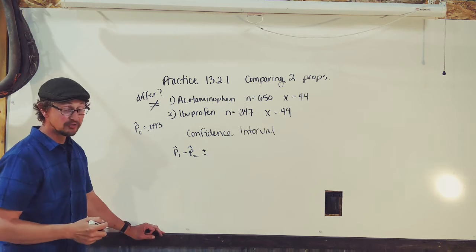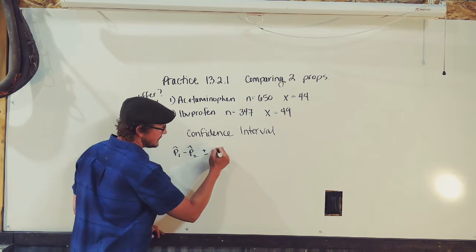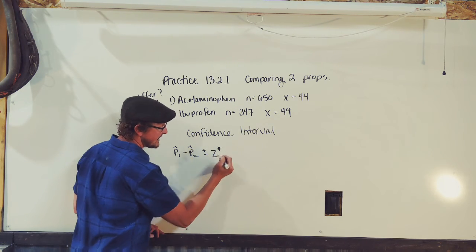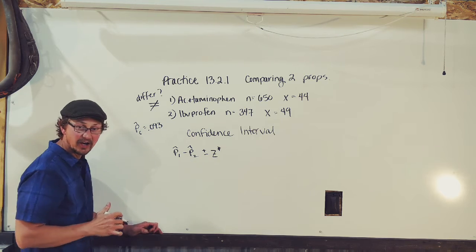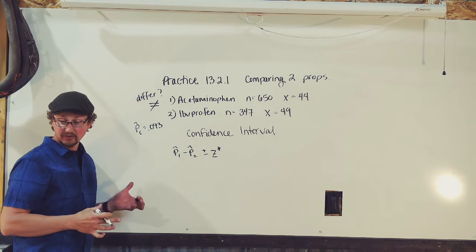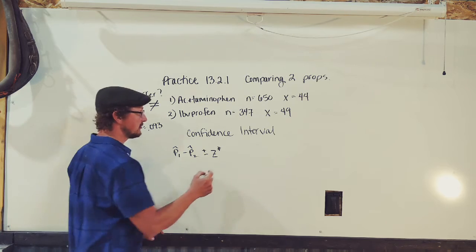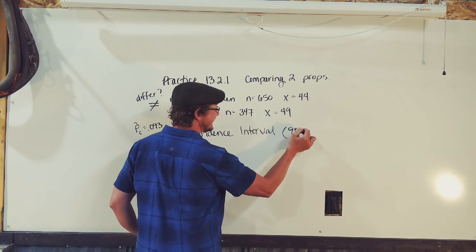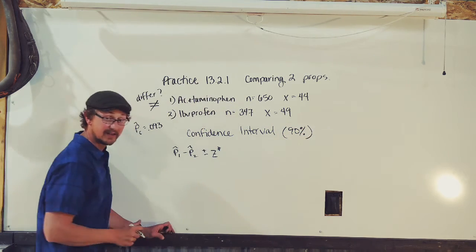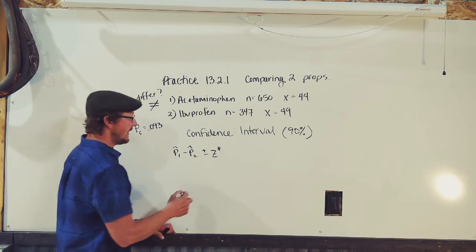And then I'm going to apply some margin of error. That is my z star. And this is going to be based, again, on how much confidence we want to have. The prompt tells us that we should do a 90% confidence level.